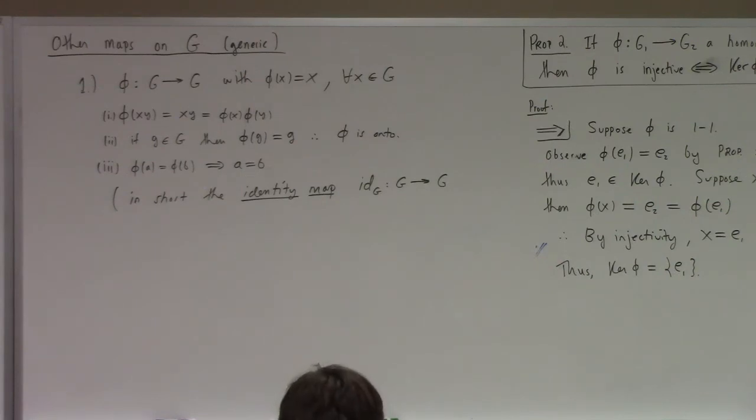In fact, we can also prove that the inverse of an isomorphism is an isomorphism, and that the composite of isomorphisms is an isomorphism. That will show that if a group G1 is isomorphic to a group G2, then conversely G2 is isomorphic to G1 under the inverse map. And the fact that the composition of isomorphisms is once more an isomorphism will give us that if G1 is isomorphic to G2, and G2 is isomorphic to G3, it follows that G1 is isomorphic to G3.